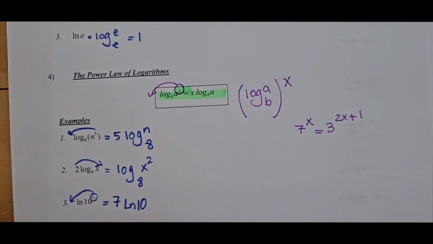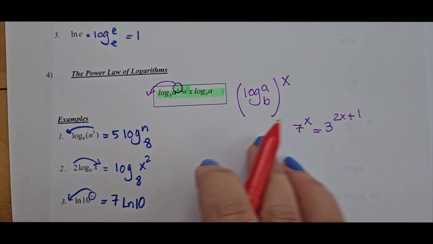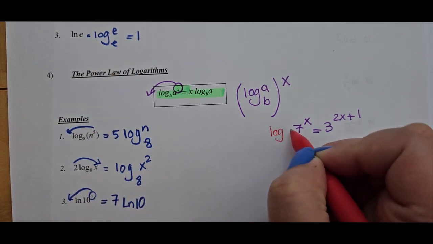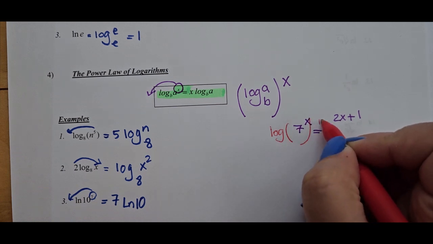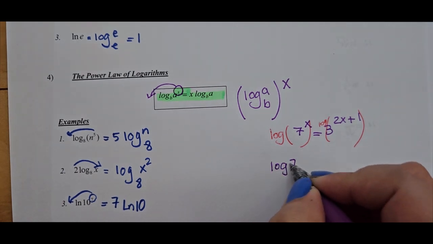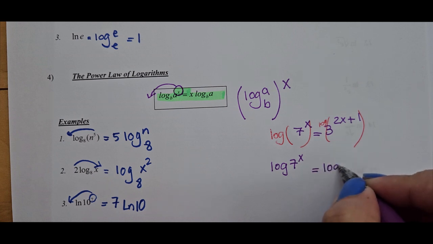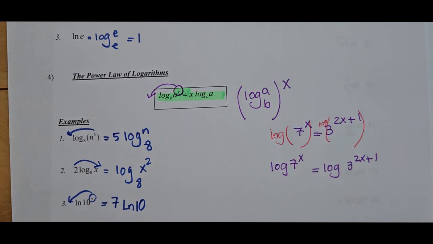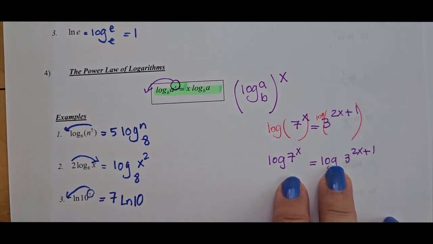I'm going to talk about this type of equation here because you can see how I'm using these rules. So you take log of both sides. If I want to rewrite it and make it really nice and neat, this would be log 3 to the power 2x plus 1, right? What I want you to pay attention to is that if you take log, the bases must be the same.